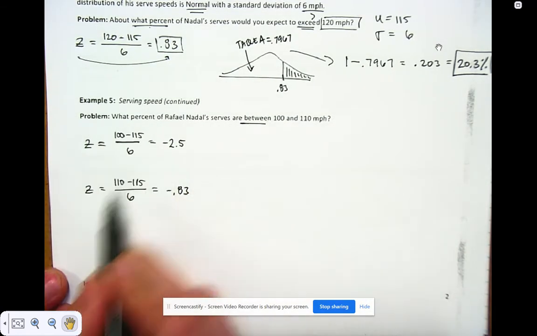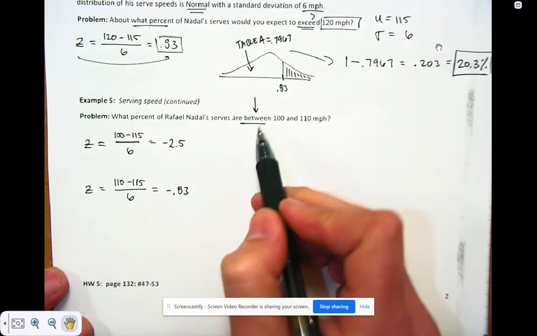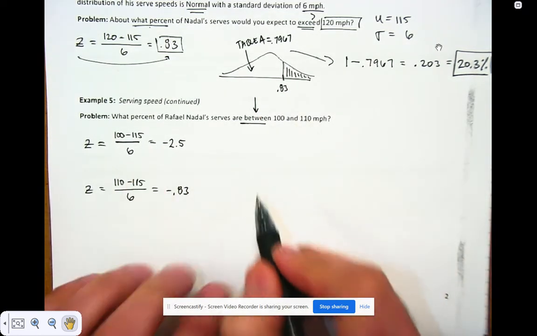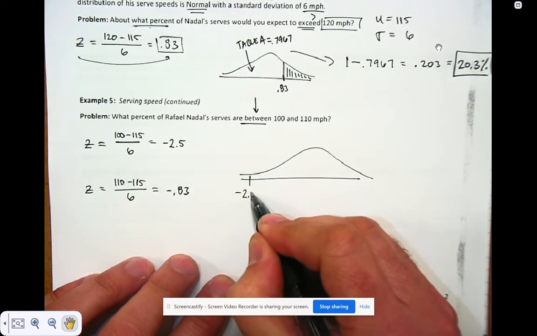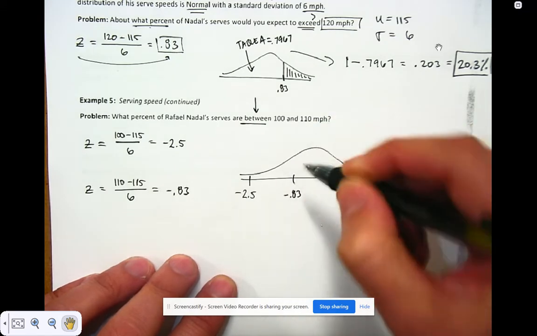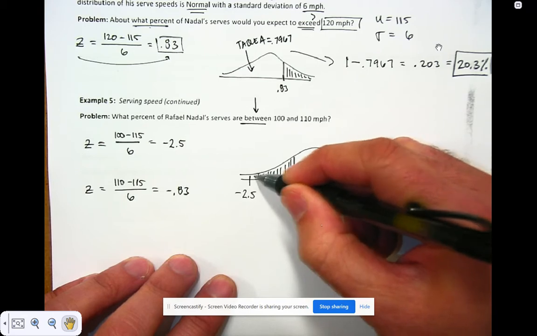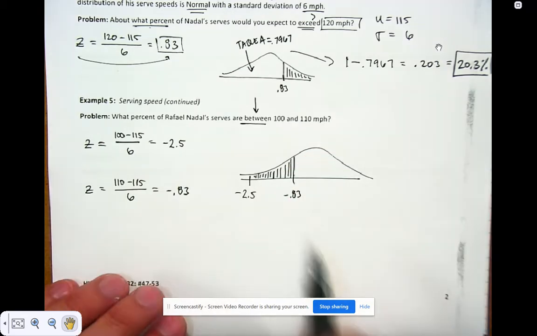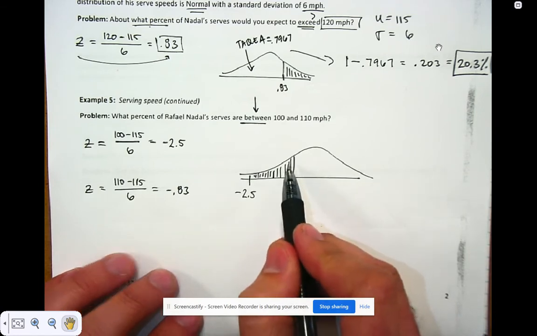These are z-scores. If I want to find the percent that are between those two, I have to find the percent between the z-scores of negative 2.5 and negative 0.83. I'm looking for that value. We're going to have to go back and use that strategy because table A only gives us the area to the left.